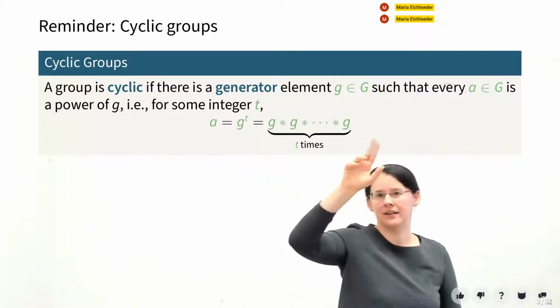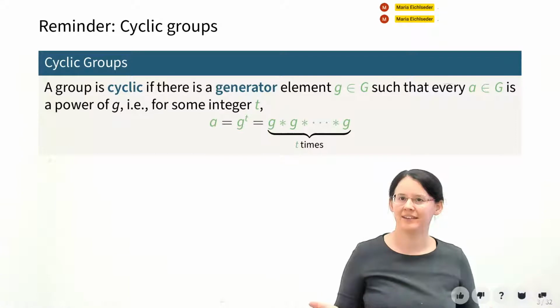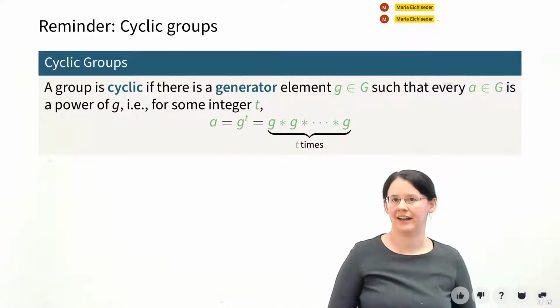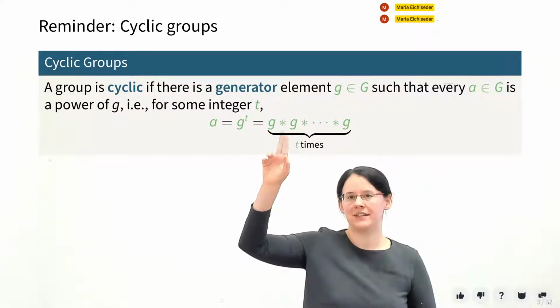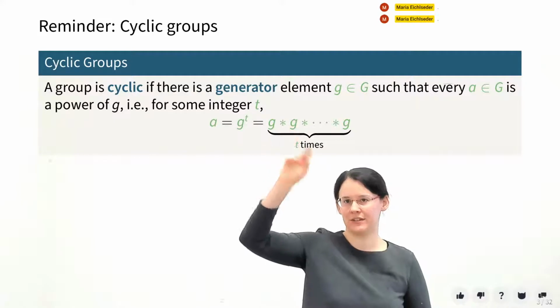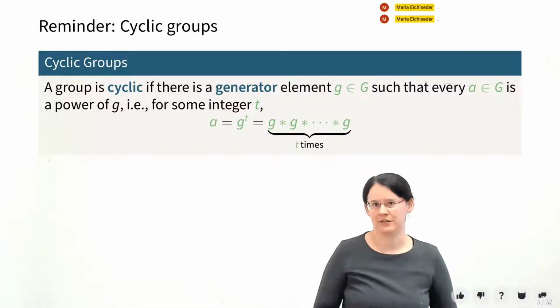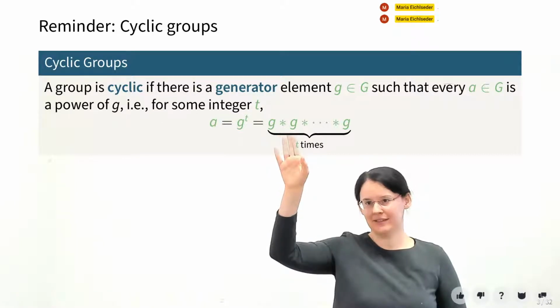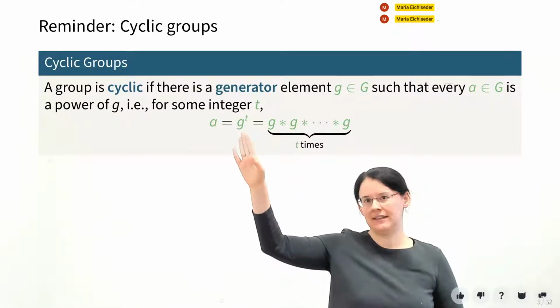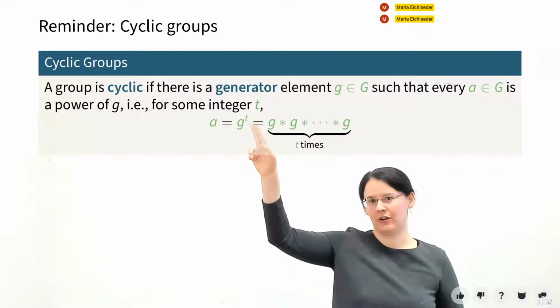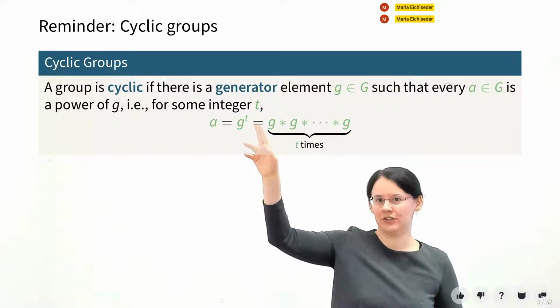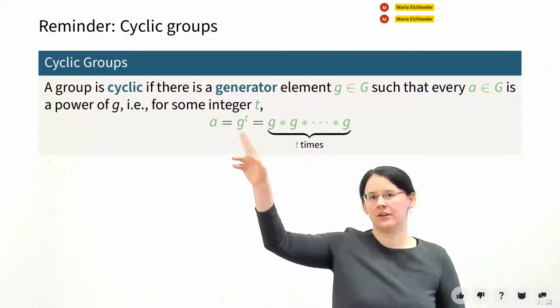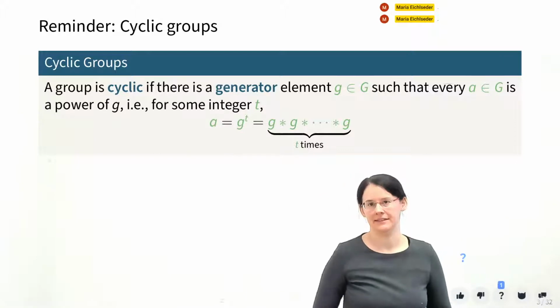This is equivalent to applying this element to itself t times, where applying to itself, denoted here by an asterisk, means the group operation. If the group operation is not a multiplication but a plus, then we write this as t times g. And we call t a scalar because it's just an integer, a number. And this one here is a group element in all cases.